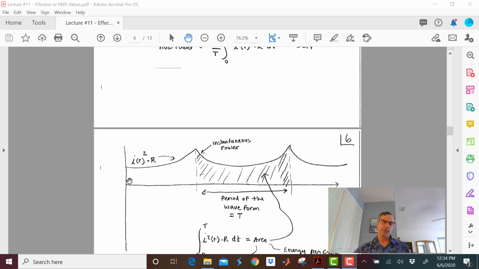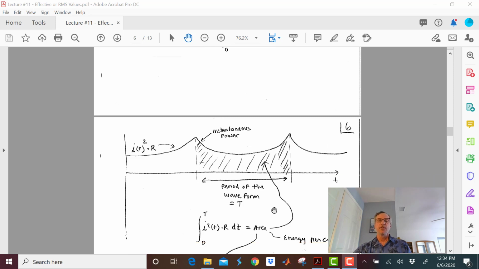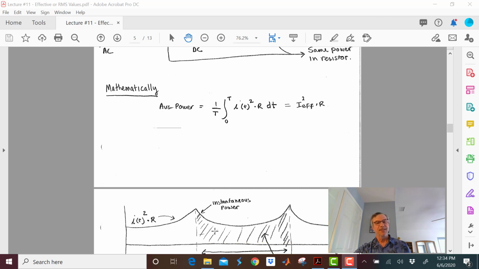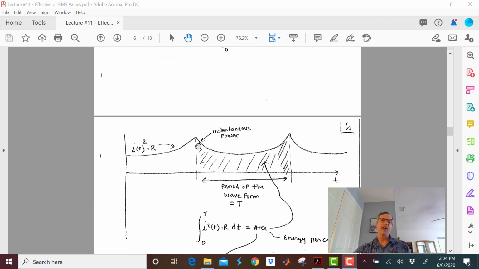But I kept it general. So we're plotting with respect to time, and this is I squared of t times R, the instantaneous power. The integral, remember this integral right here, is the area under here.